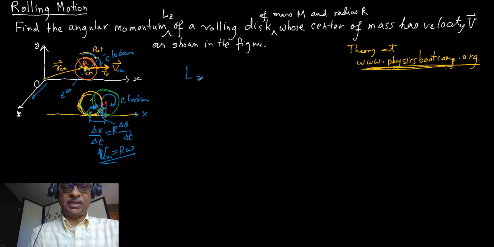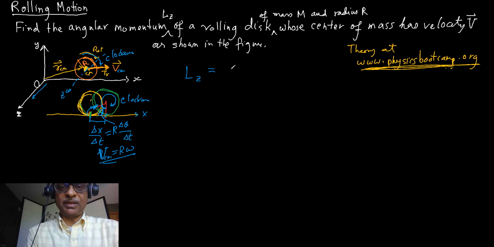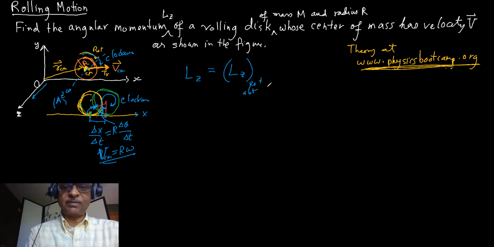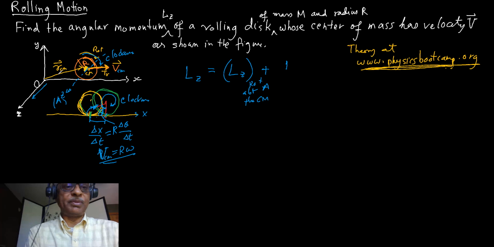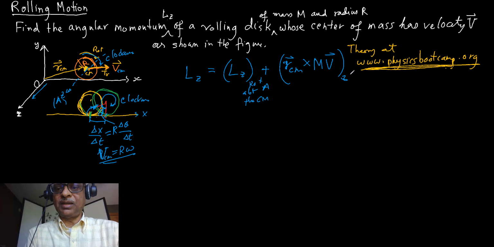So Lz will be equal to Lz of rotation about axis A through the CM, plus RCM cross mass times V along the z-axis.